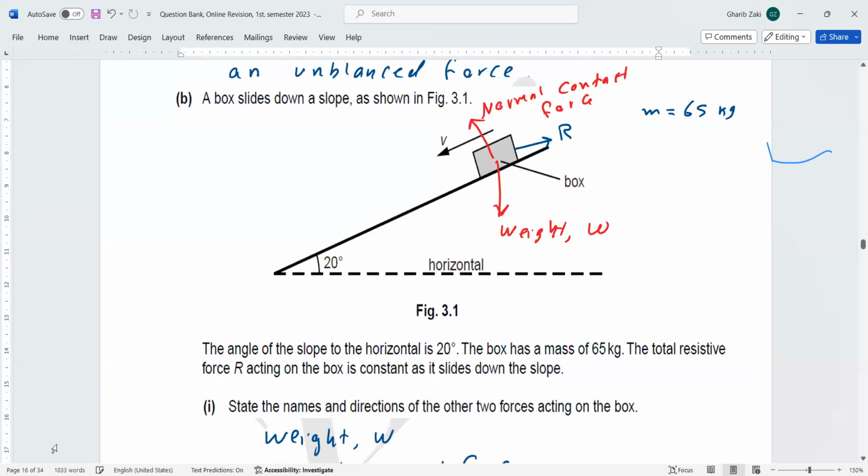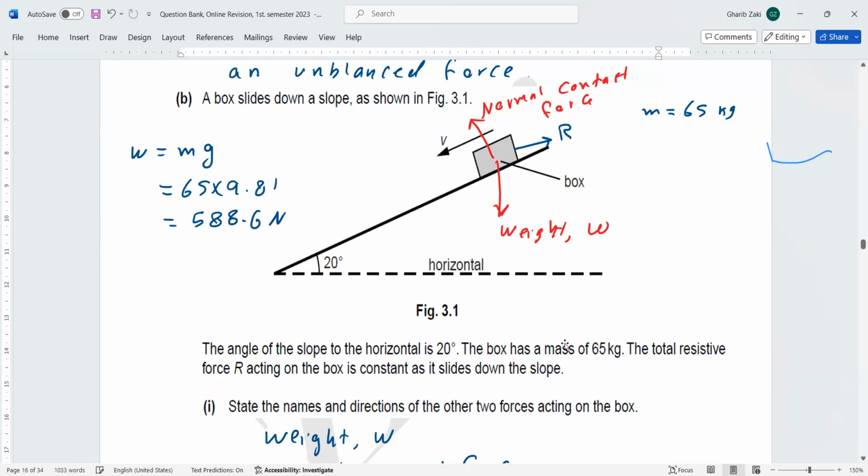Calculate the magnitude of the normal contact force. To calculate the magnitude of the normal, we resolve the weight. The normal contact force R equals W cosine 20. We said the box slides down. What is W? W equals mg. M is the mass, 65 multiplied by 9.81, which becomes 588.6 Newton.